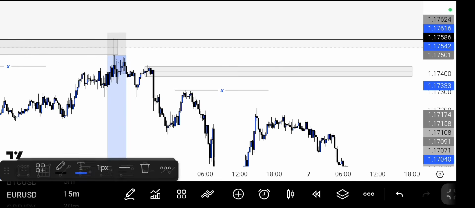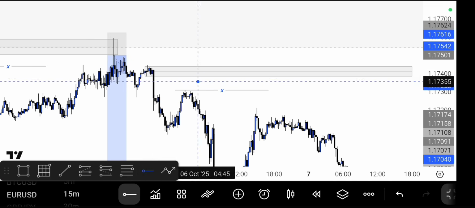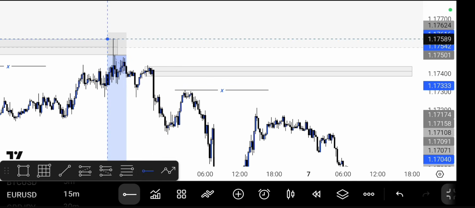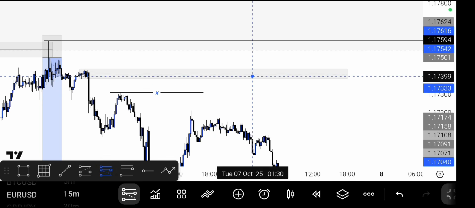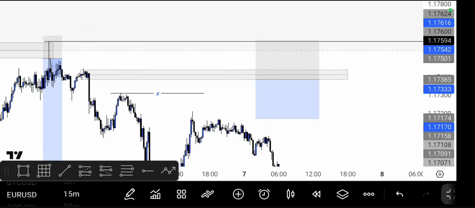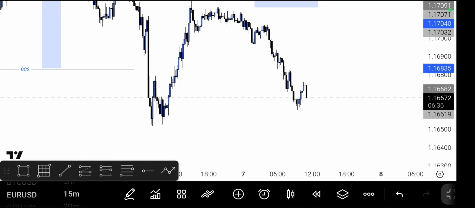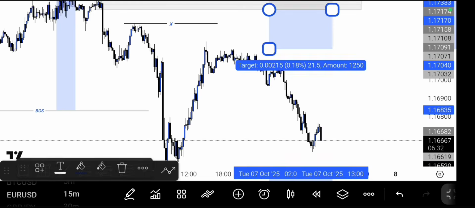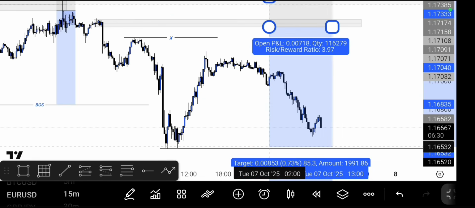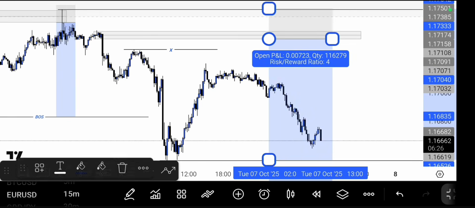So our SL point goes above this zone. I have my sell limit set around here, and my take profit is a 1 to 4, exactly 1 to 4. Yeah, so this is the trade right here.